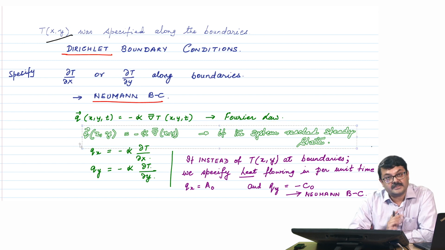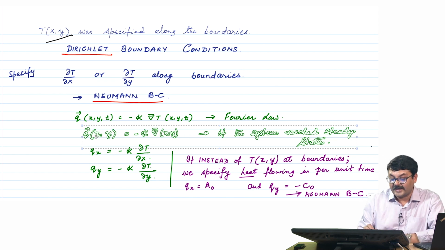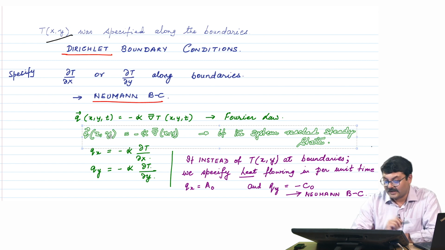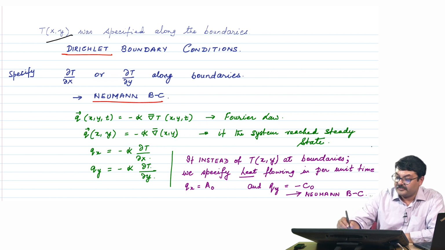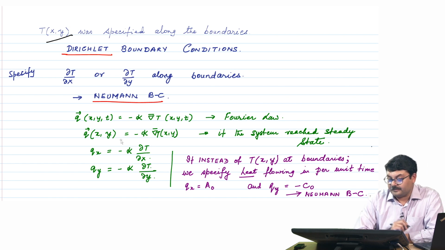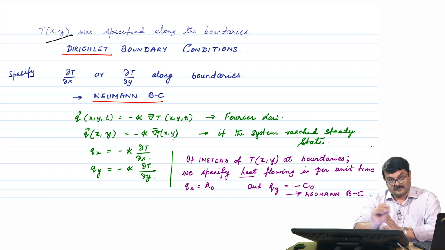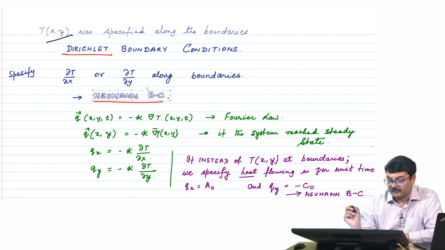If you specify this, you say, okay, I specify how much heat is transported at different points in x and y along the boundaries, which means that you are essentially specifying... So, there was an error here, it should be like this. If you specify the temperature gradient only at the boundaries, when it has reached steady state, you are specifying the so-called Neumann boundary condition.